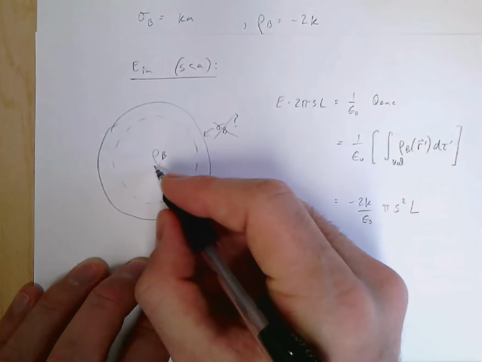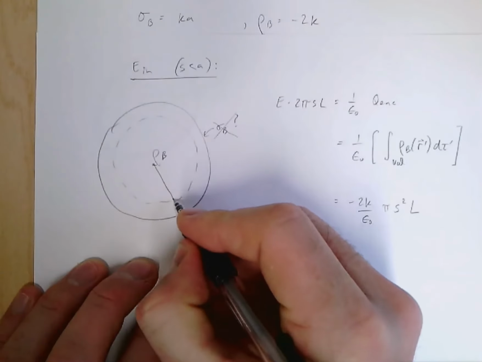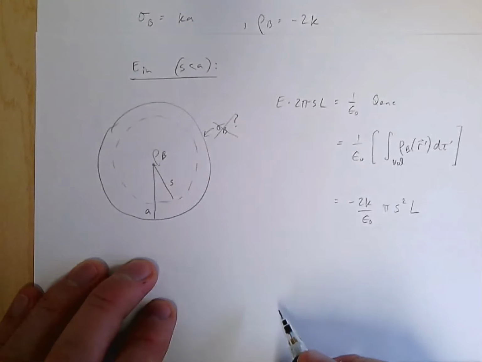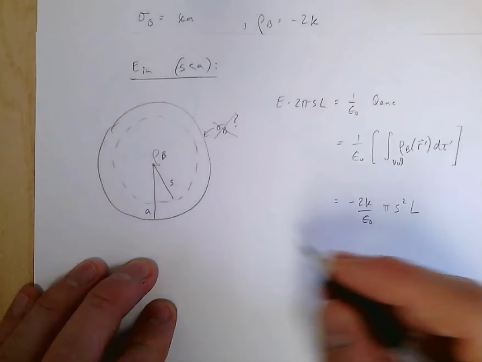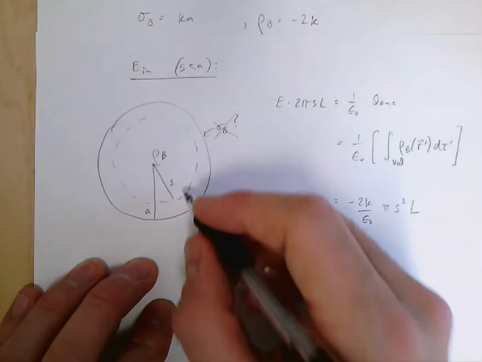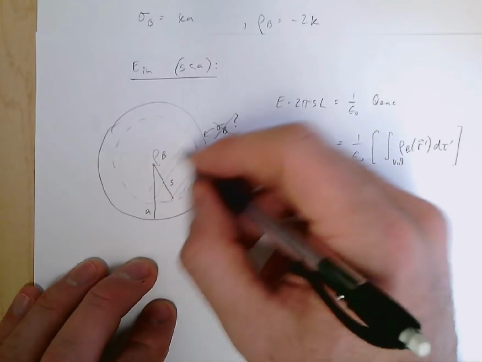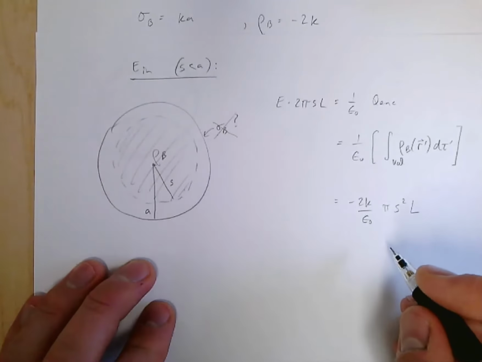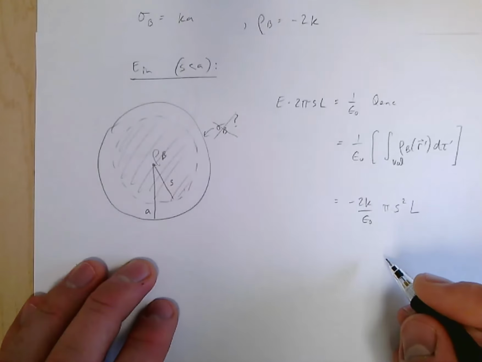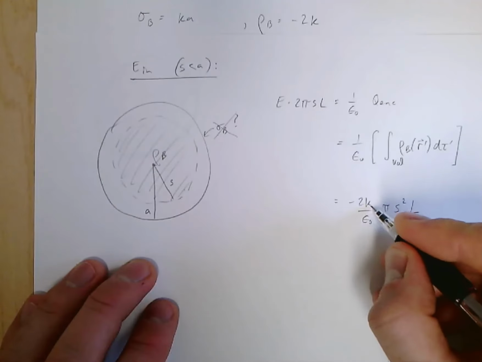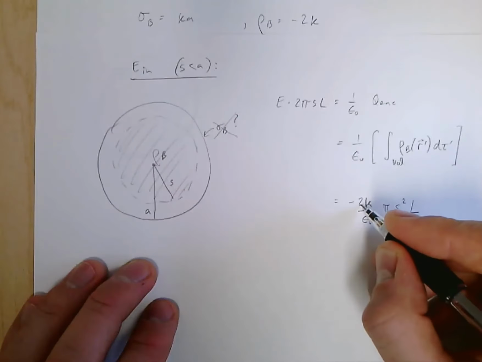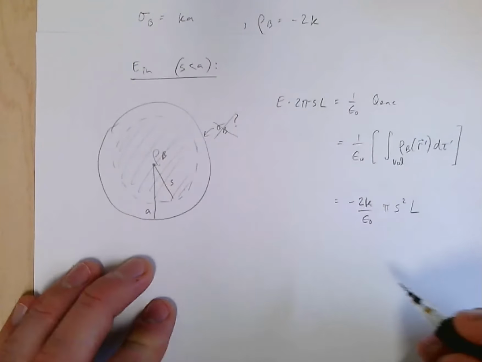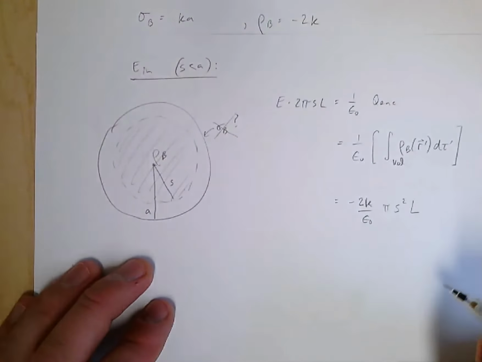Here's my center, and I'm going out to s, whereas this was a in the previous case. Now my s is less than a, so I'm only including as much charge as is enclosed in this area, not the charge of the whole thing. This is the crux of the thinking part of this question: when you get to this step, you really need to stop and think about what you are integrating over.